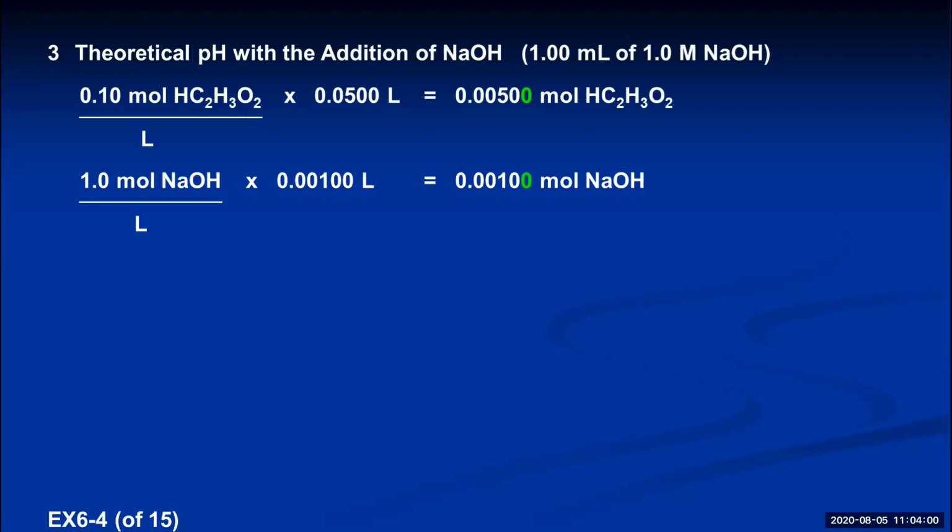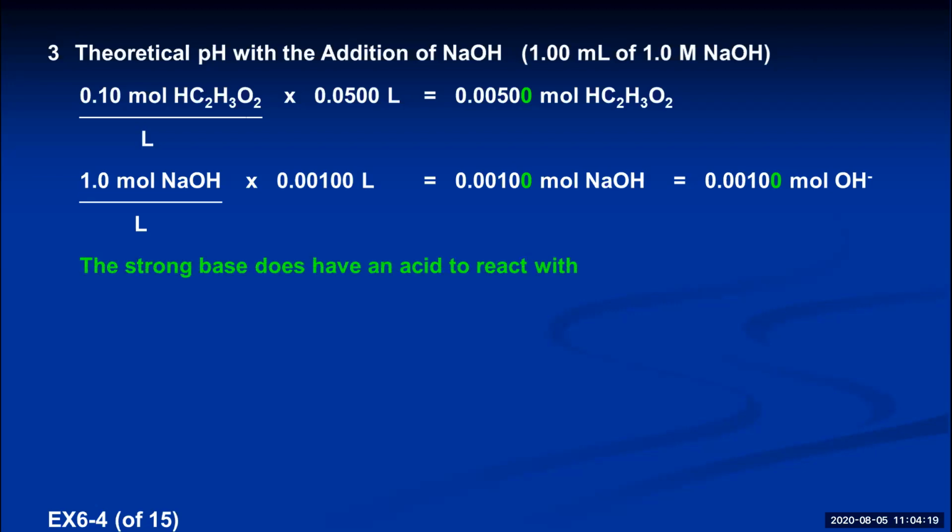So we're going to have 0.0010 moles of sodium ions and 0.0010 moles of hydroxide ions. Now that's a strong base. Do we have anything in our solution that can react away a base? And the answer is yes, we have a weak acid in here. So that sodium hydroxide, that strong base, does have an acid to react with.